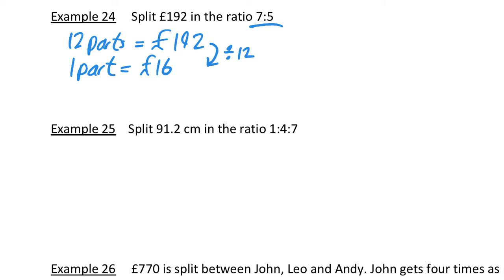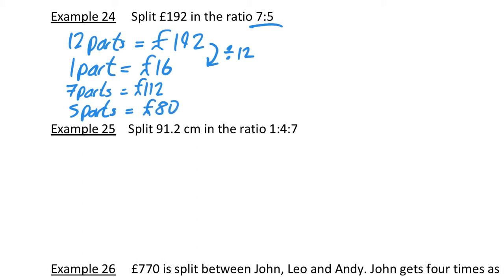Now remember, we need to find 7 parts and 5 parts. So that means 7 parts is going to be equal to 7 times 16. And 7 times 16 is going to be 112 pounds. And 5 parts then is just going to be equal to 5 times 16, which is equal to 80 pounds.